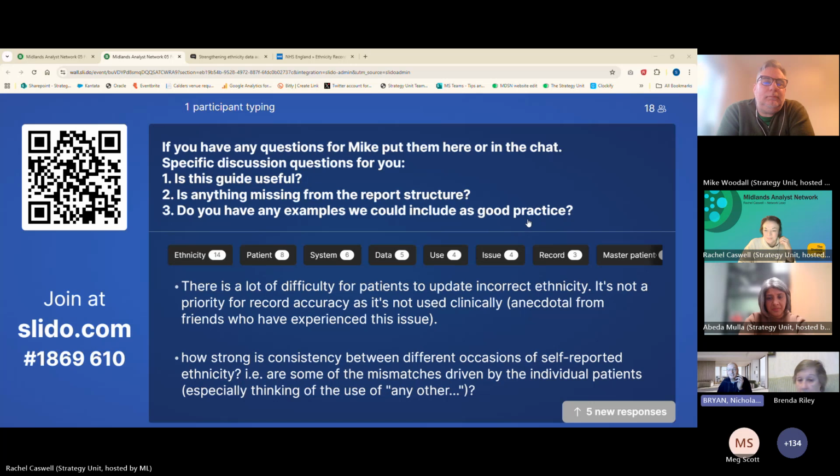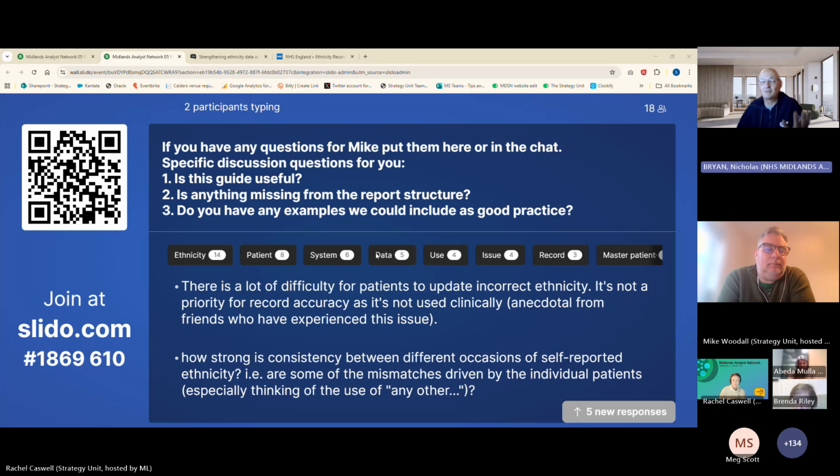Thanks, Mike. Yes, great presentation, Mike. It's interesting to see that the results you come up with are reflected in the information that I've seen at my end as well. I work for Midlands Analyst, but I'm embedded with Hereford and Worcester ICB. What we've done there is create a patient feature matrix, which for all of our patients has a whole host of information, one of them being ethnicity.